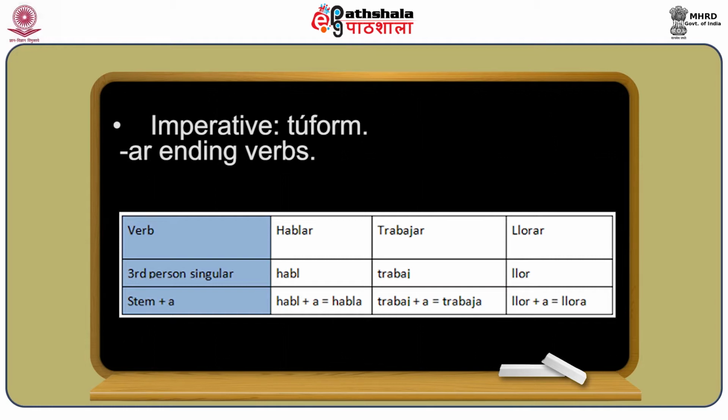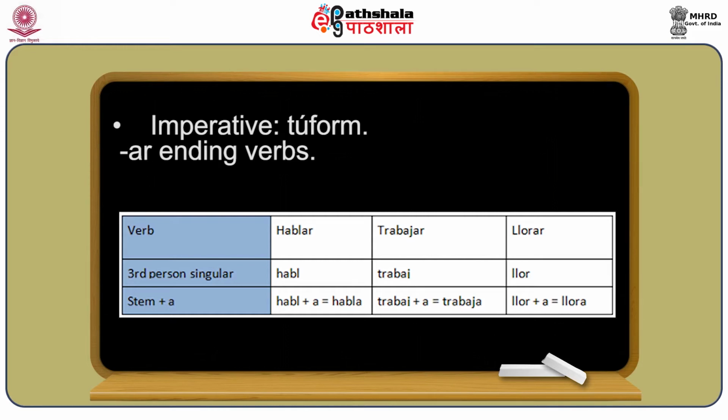If the verb is an AR ending verb, then you have already learned the conjugation of AR ending verbs in the previous modules. Now generally the imperative form of any AR ending verb is the conjugation of the same in the third person singular form. By third person singular form, we mean the él, ella, usted form of the verb.